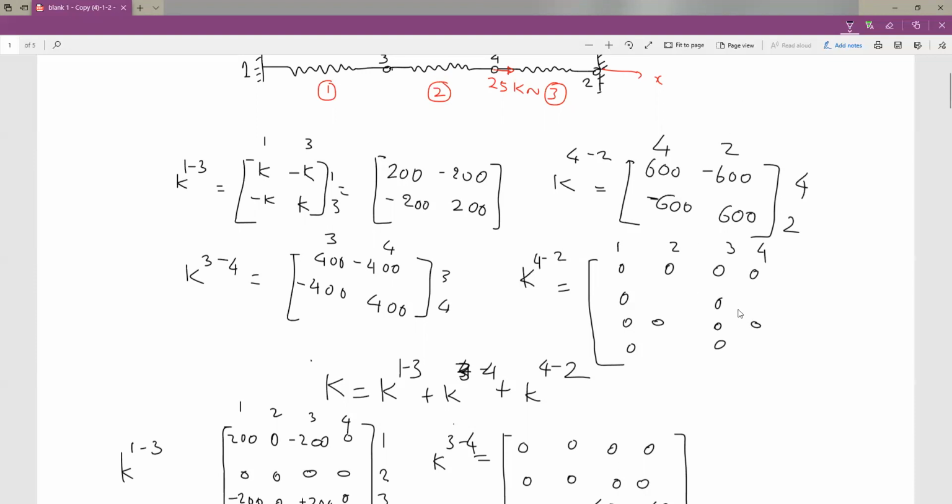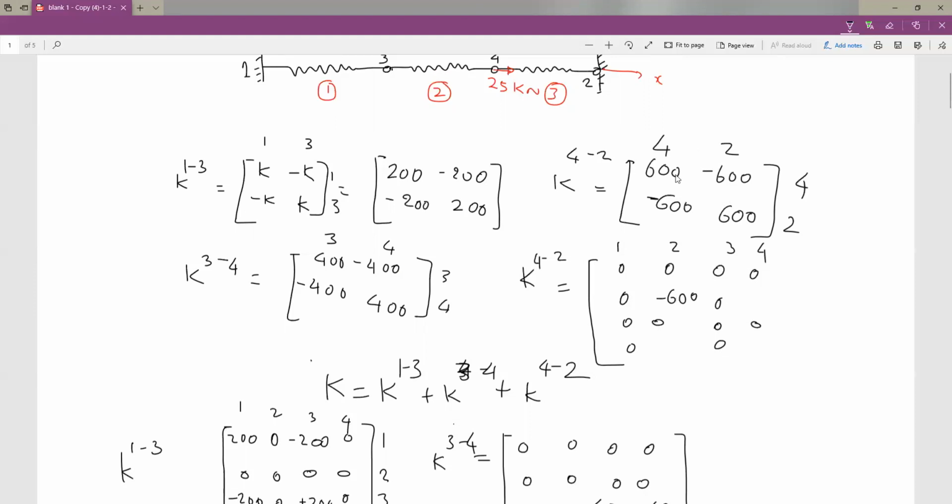So it will be minus 600 here. Then at the fourth position it should be 600.